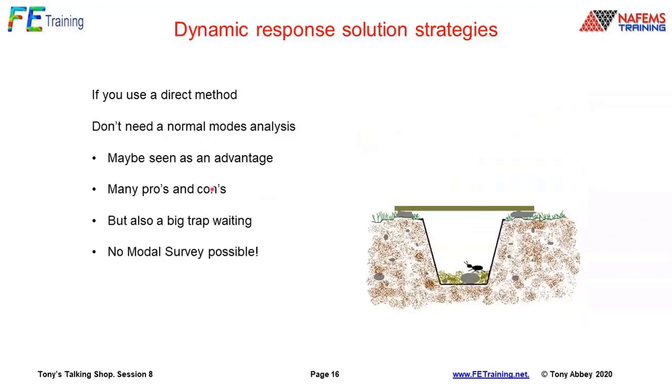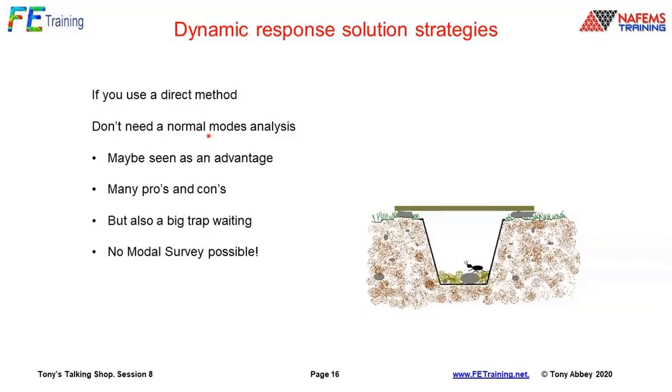But if I only do that, there's a big trap waiting, because no modal survey is possible if I do a direct method. I've really got to take the time to say, direct method doesn't give me modal results. I'm going to do a modal survey as a separate part of the workflow now. It's not inherent in producing the response analysis.